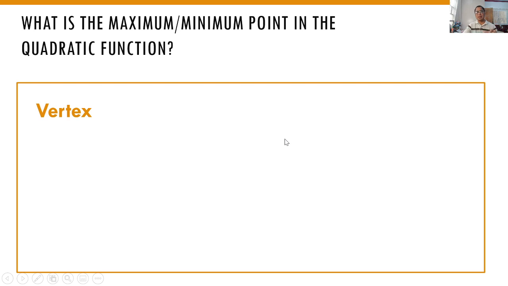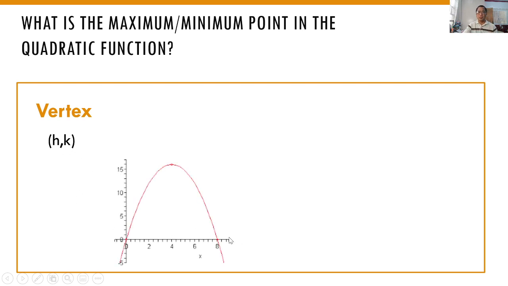So yung the vertex natin, depending on the position or the given equation, it can serve as the maximum point, pinakamataas, or the minimum point. And it is represented by H and K. I'd want to make it clear, yung H natin is the value of X dun sa vertex natin. Yung K natin represents the value of Y sa vertex po natin.